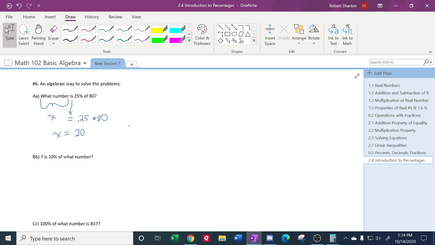All right, group 5, what did you have for the equation? 7 times 0.10 is equal to x. And the person in the group put 7x is equal to 1/10. 7x is equal to 1/10.